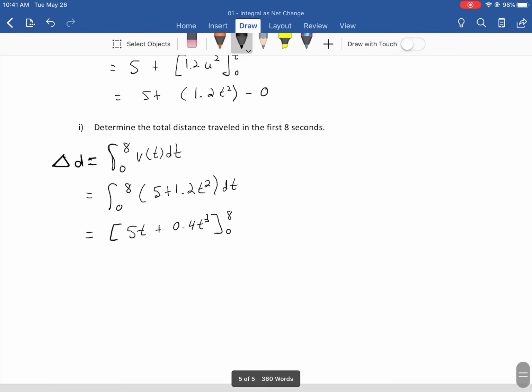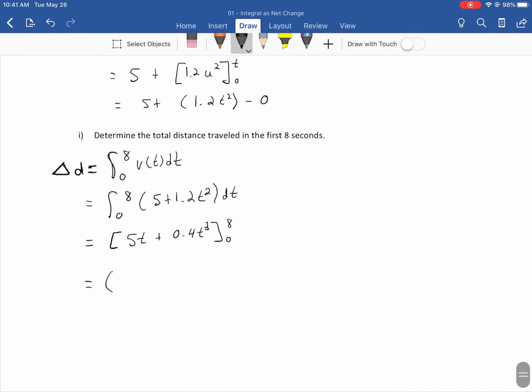Good news here is subbing in 0 is not going to do anything, so I just need my first bracket, which would be 5 times 8 plus 0.4 times 8 cubed. Second bracket, just 0. When you sub in 0 to each of those things, you happen to get 0 this time.